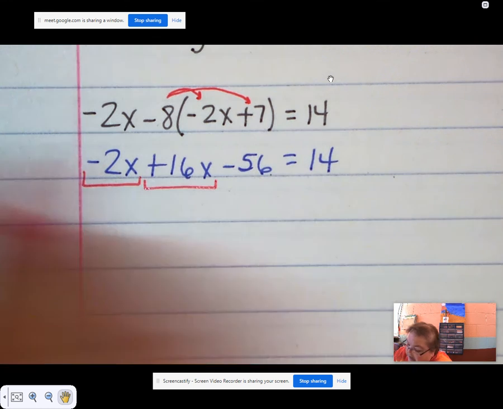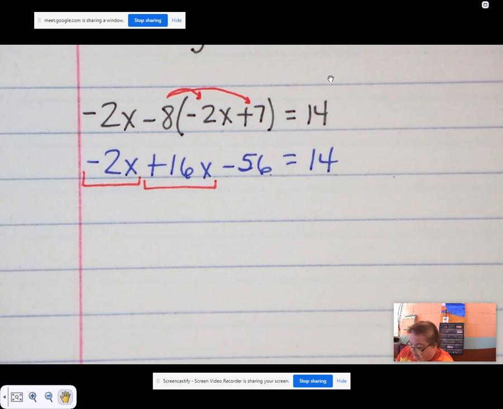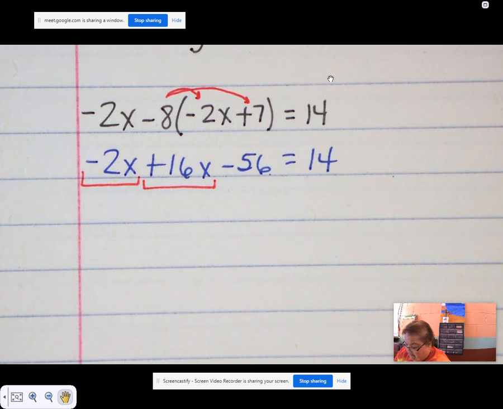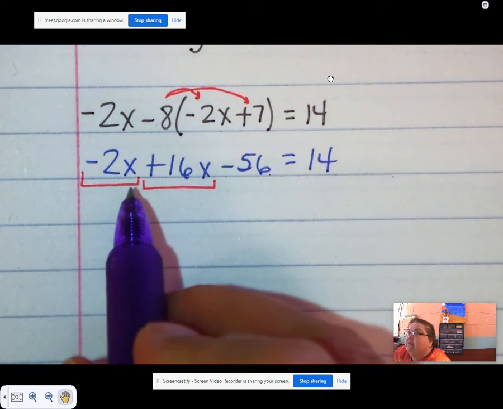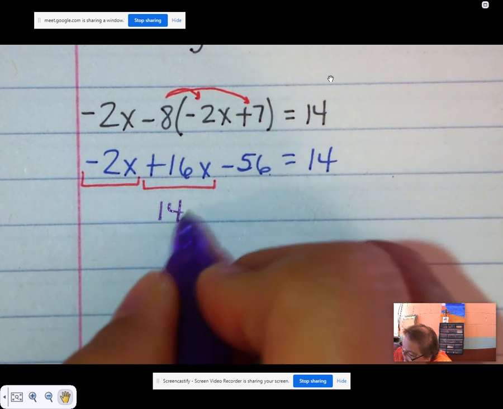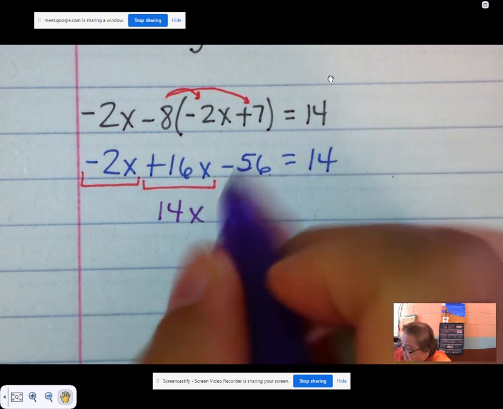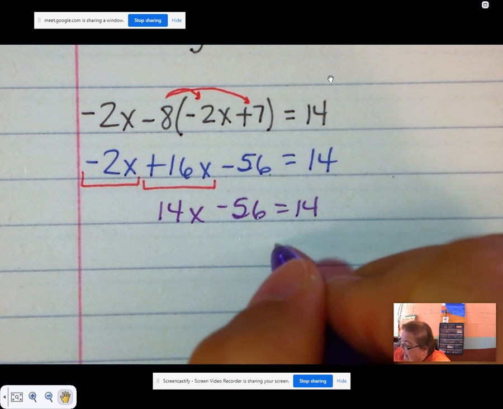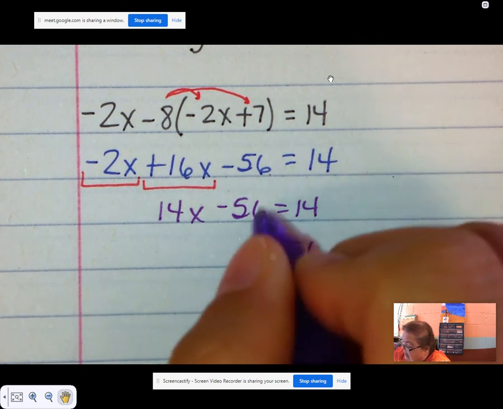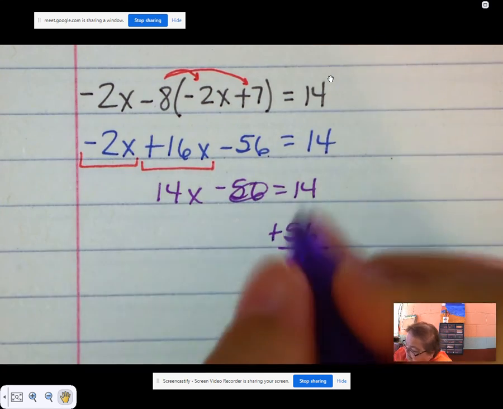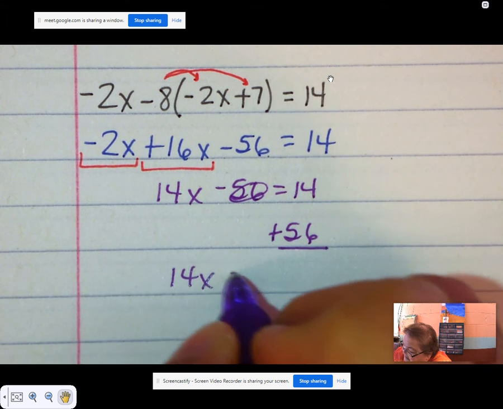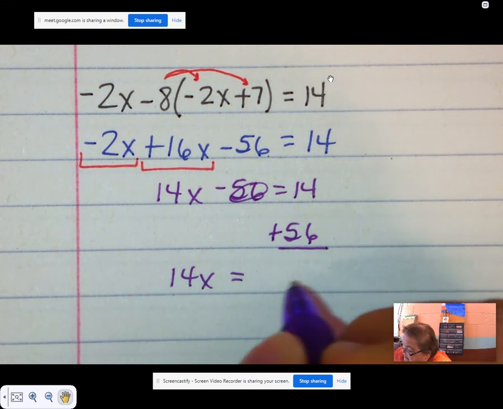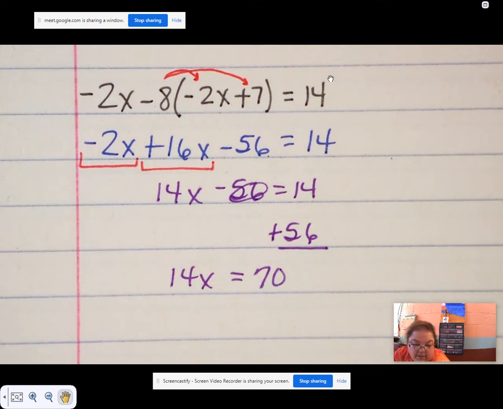Combine those like terms, and in this case, they happen to be the variable terms. And I get 14x minus 56 equals 14. Add 56 to the other side, make that go away. And 14x equals 70.